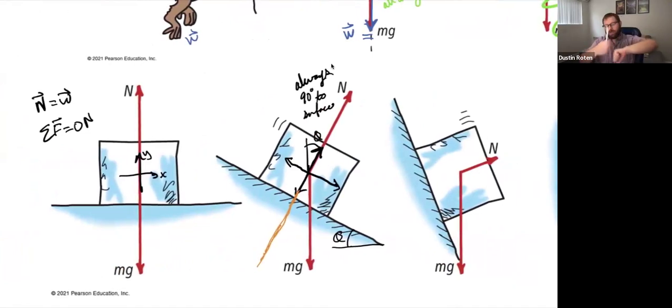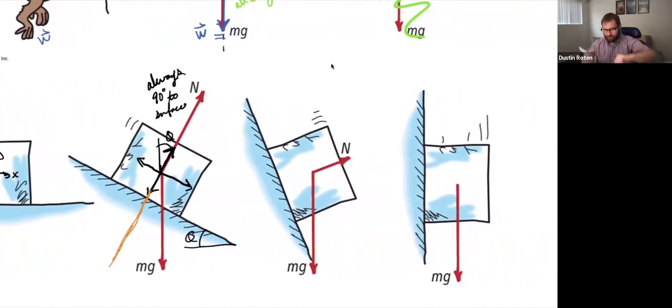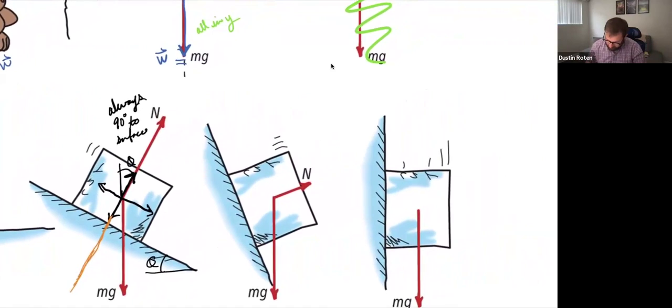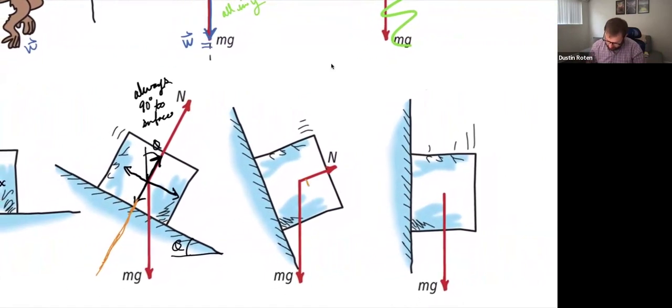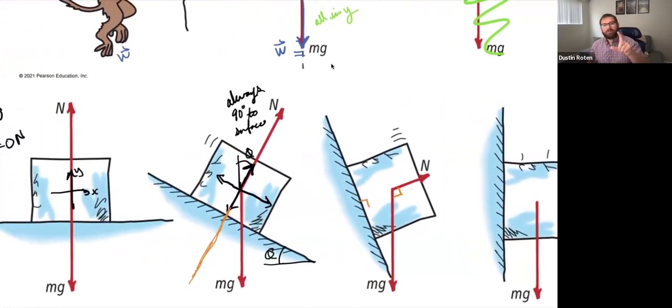The normal force, no matter what, is always going to be at 90 degrees to the surface, like this surface here. So the trick is we have to realize that part of the weight is what's going to cancel out with the normal force. We just need to figure out how much.